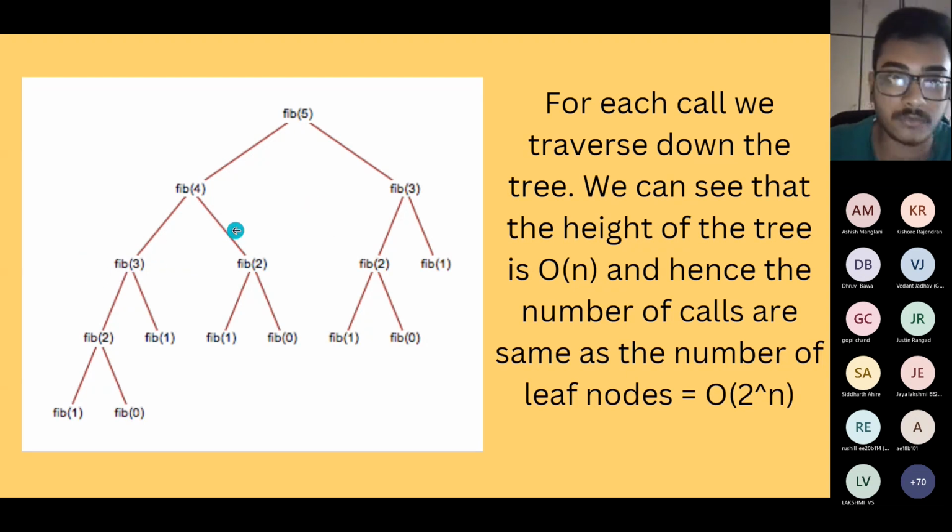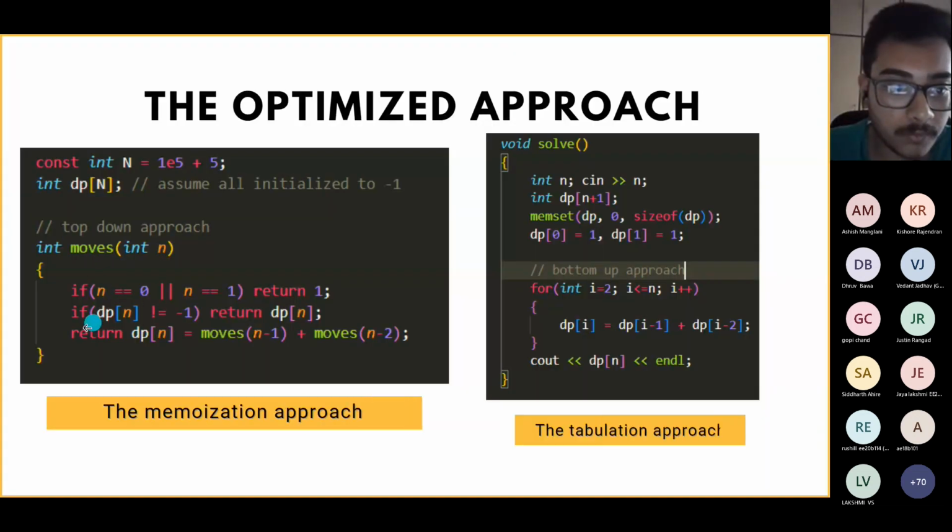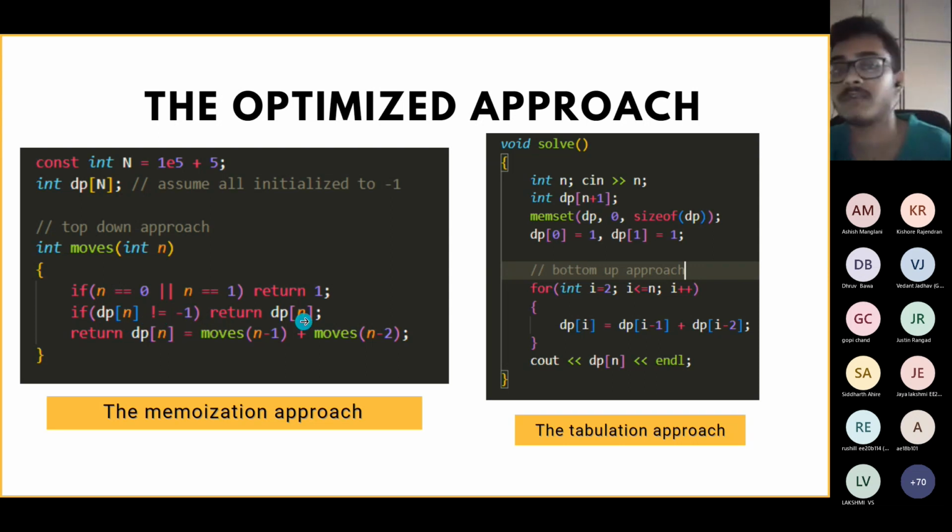So DP of 3 will not be equal to -1. It will be something else, the third Fibonacci number. So in this code, when you again go to find fib of 3, it will see DP of 3 is not equal to -1, it is already calculated, so it will directly return the value of the third Fibonacci number.